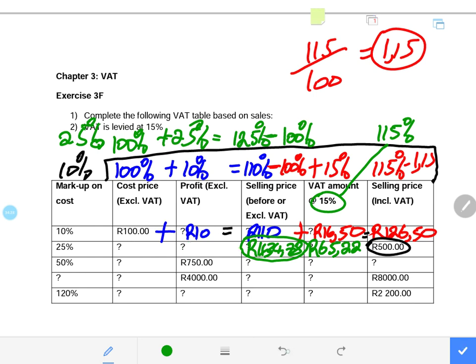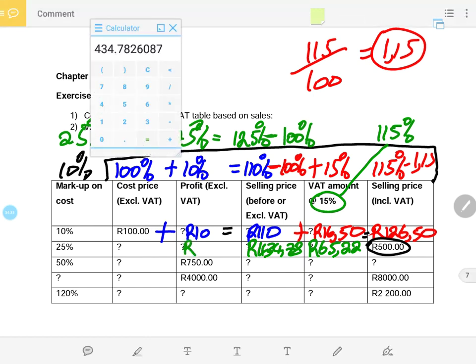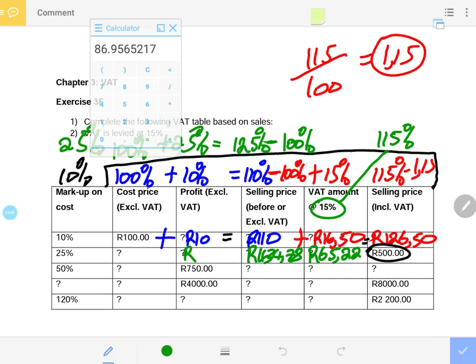So this will be 86 rand 96 cents. Rounding off, guys, is for another subject, so I won't be dealing with the rounding off here. That is the profit that was added.